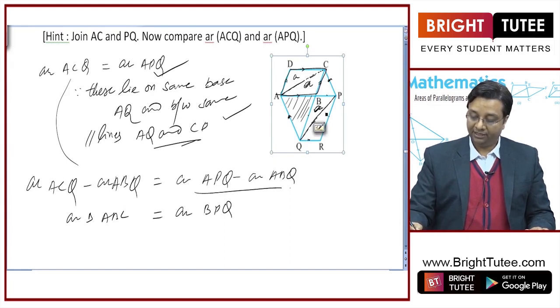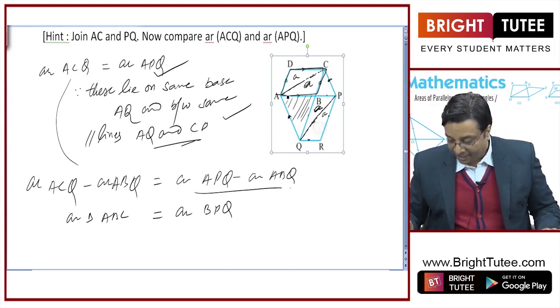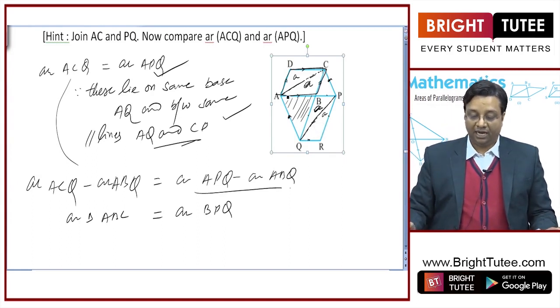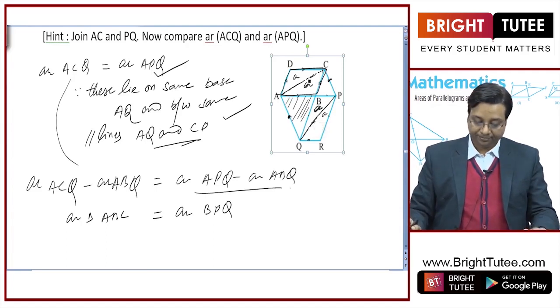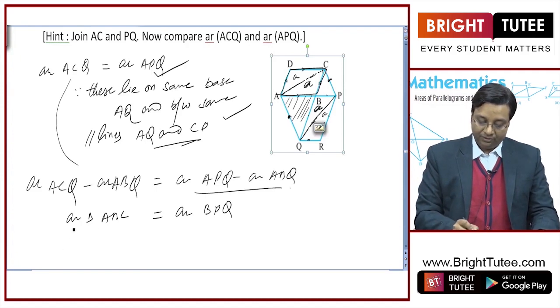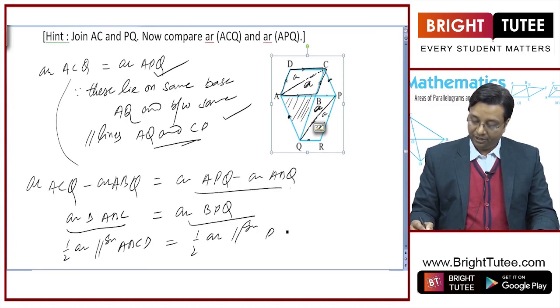So this is A, this will also be A. Hence, areas of these two parallelograms ABCD and BPRQ are also equal and equal to 2A. So this is nothing but half of area of parallelogram ABCD, and this is nothing but half of area of parallelogram PRQB.